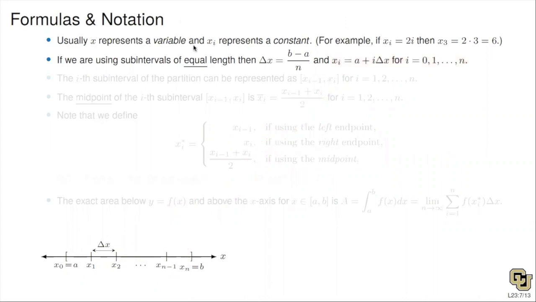Okay, so look, if I want to figure out x1, starting from the very left endpoint a, I would go one step of length delta x to get to x1. So literally here, x1, starting from a, is one delta x step away.